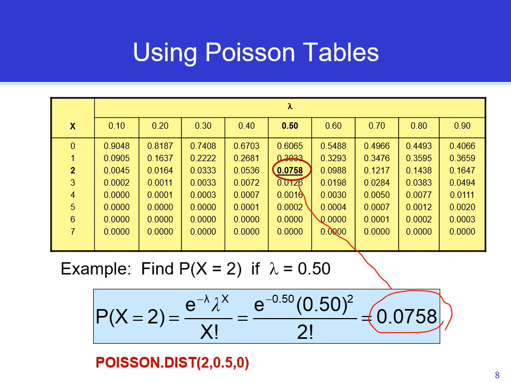Poisson distribution: the first parameter has to be the number of successes, which is 2 here. The next one has to be lambda, which is 0.5, and the next one is 0 because we are looking for exactly 2. If it was less than or equal to, cumulative, then the last parameter should be 1 instead of 0.